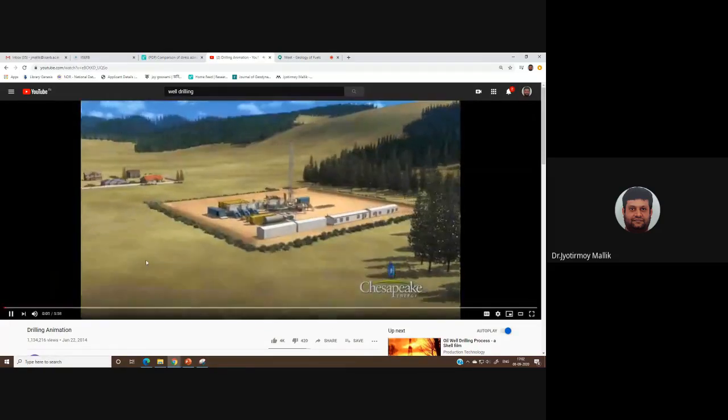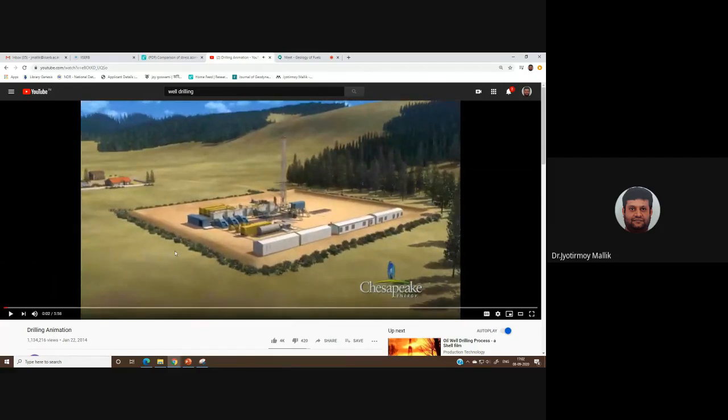So the video that we are looking at right now is of a typical well site. You can see this is an onshore place, of course. This is not within the sea. This is on the land itself, where a drilling operation is currently going on.